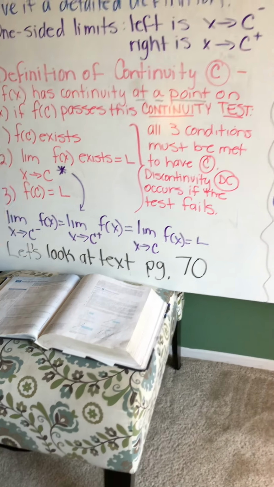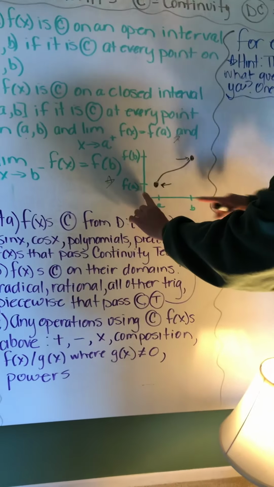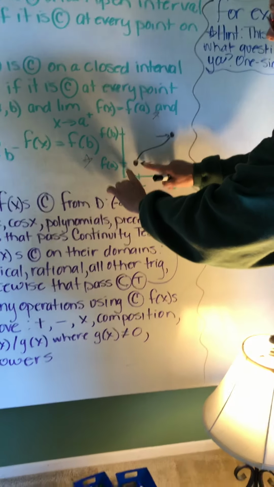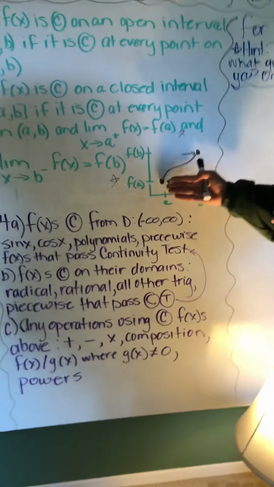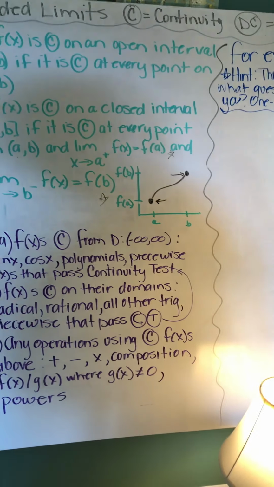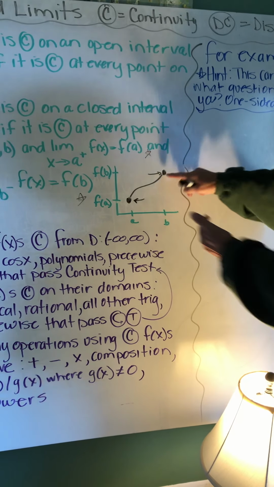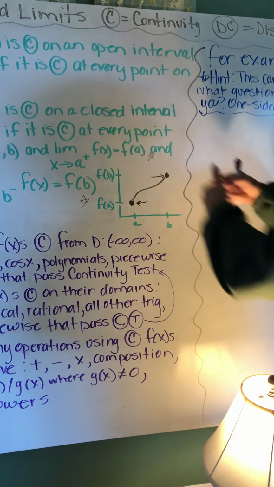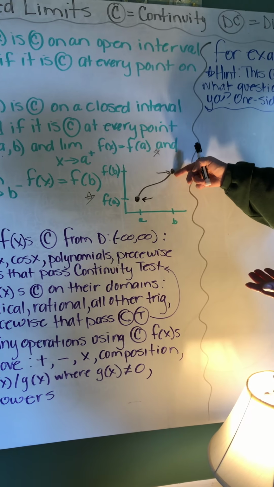But come on over here. On a closed interval, when you try to approach an x of a from the left, you cannot. There's no function there. We can only approach it from the right. Hence, they're being very picky right here. Same with b. Notice when you're checking the limit for continuity, you cannot approach b from the right because it's a closed interval.